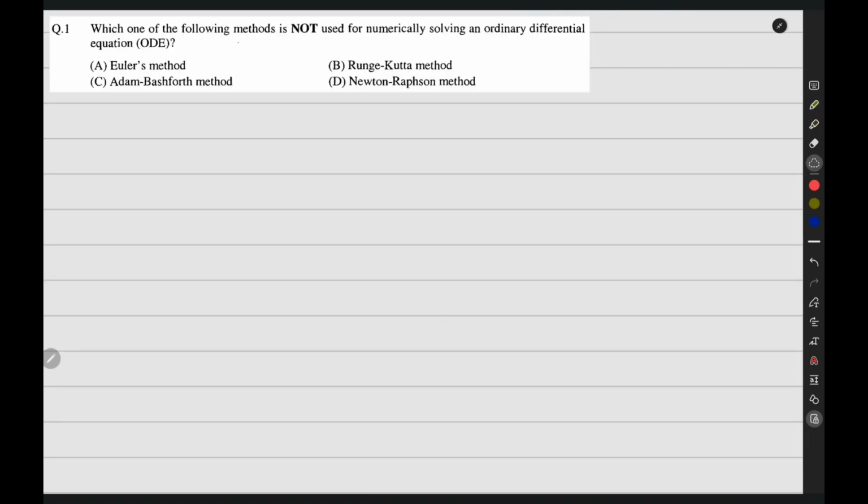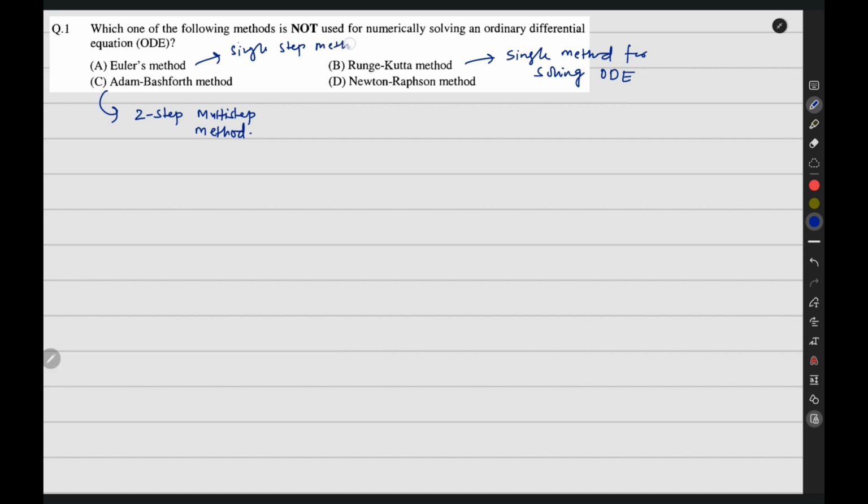The question is, which of the following methods is not used for numerically solving an ODE? Just now we have studied that the Adams-Bashforth method is a two-step multi-step method for solving ordinary differential equations. The RK method is a single step method for solving ODEs, and Euler's method is also a single step method, whereas Newton-Raphson is an iterative technique to solve non-linear algebraic equations.